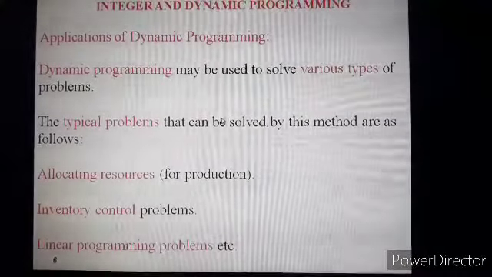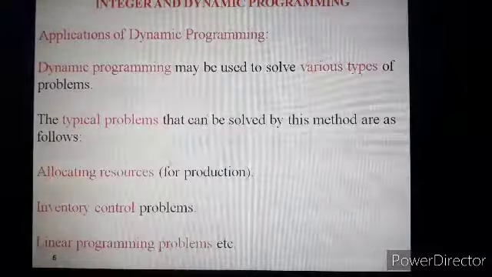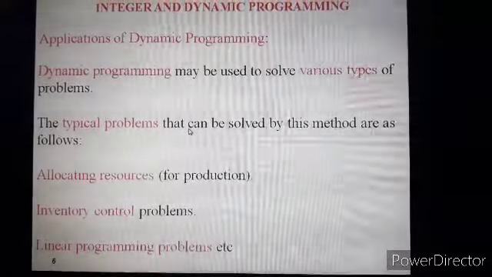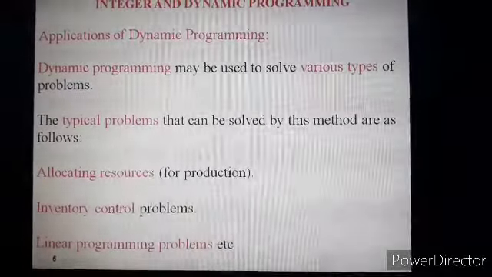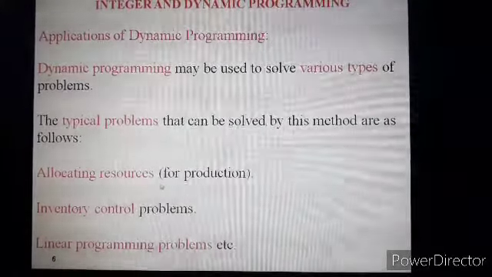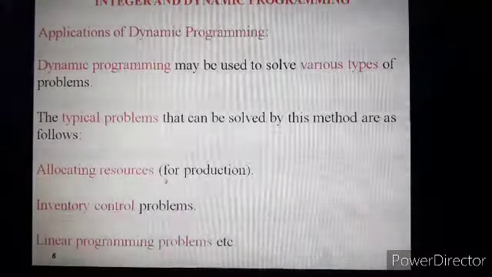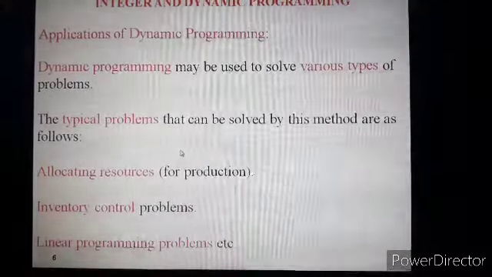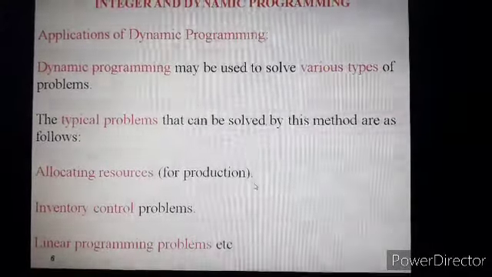Then we'll discuss the application of dynamic programming. So these are some of the applications. We have wide application of dynamic programming. We can use it for allocation of various resources such as manpower, material, machines and methods for manufacturing of our products, or for production of various jobs or articles in the industry.